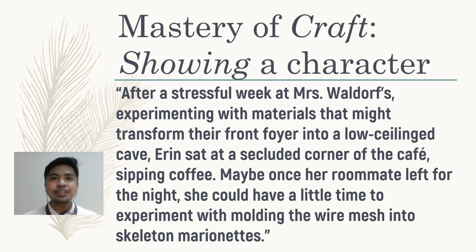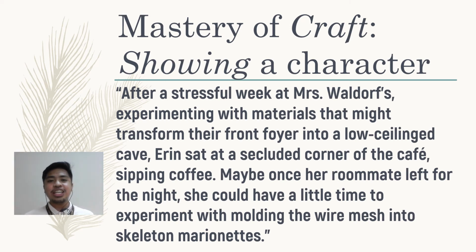And there's no direct description of who Erin is. Okay, I just wrote: Erin sat at a secluded corner of the cafe sipping coffee. Maybe once her roommate left for the night, she could have a little time to experiment with molding the wire mesh skeleton marionettes. So based on the choice of words, we can infer that Erin is an artist or an interior designer.